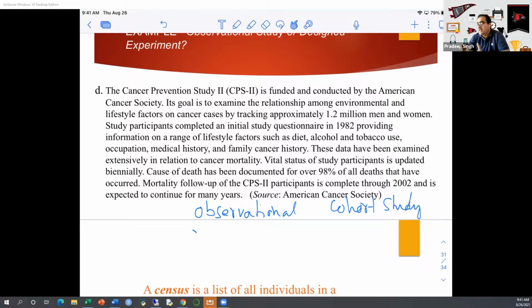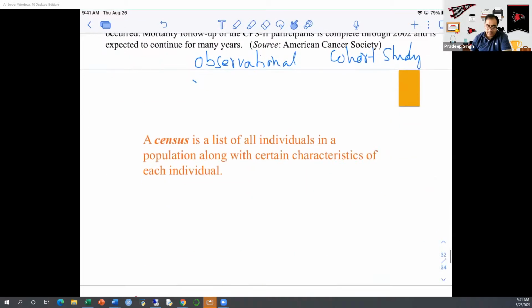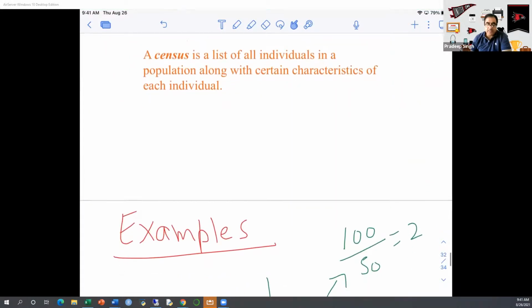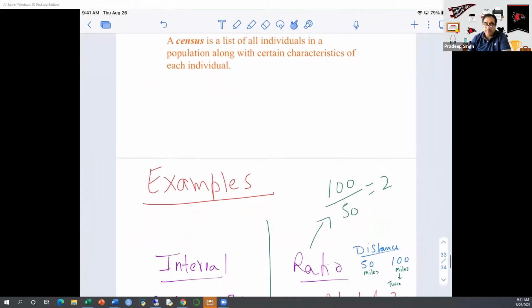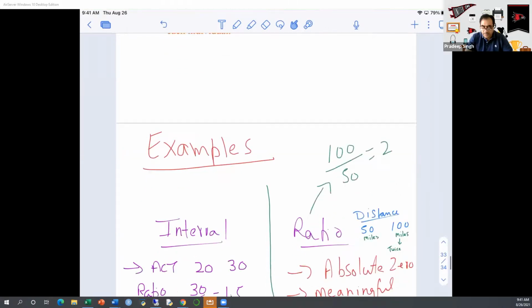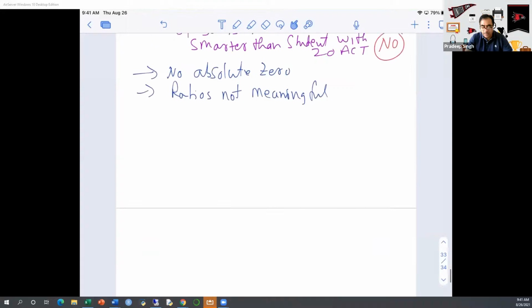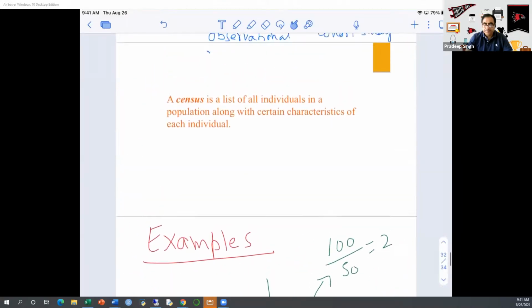So that is again an observational study, but it is a cohort study where you are following through the same set of individuals, right? And the last thing is the census. A census is when information is obtained from every single individual in the population. And this we already talked about.